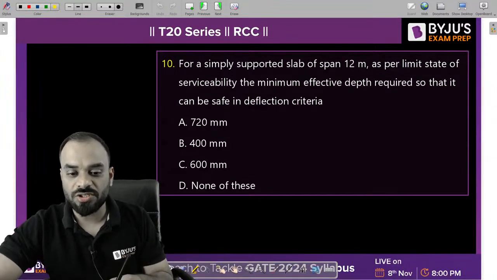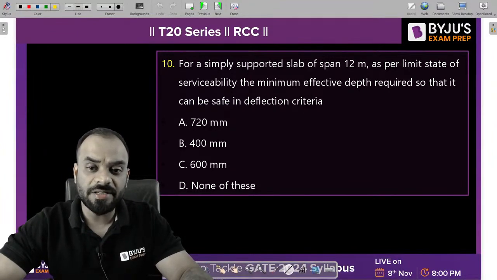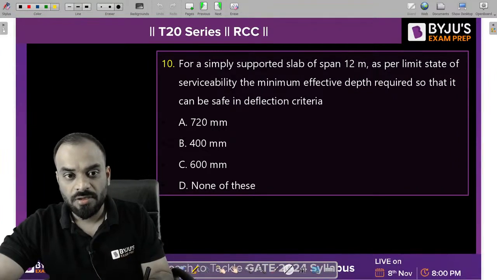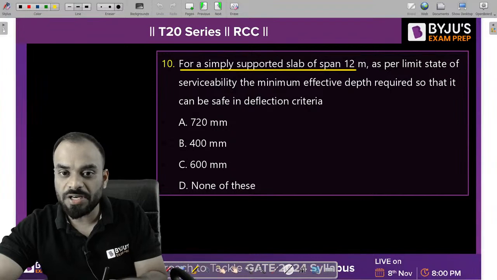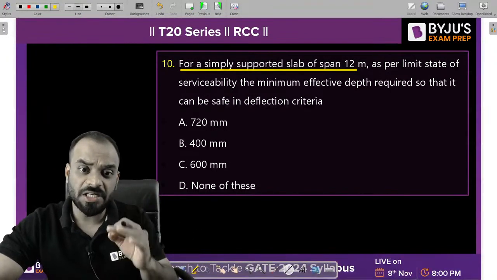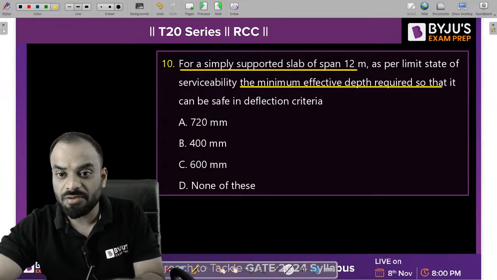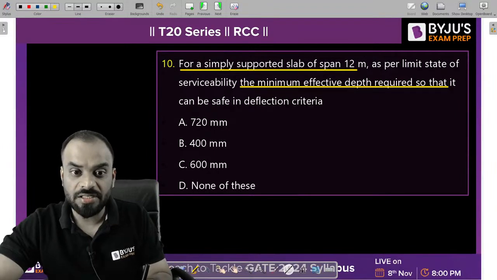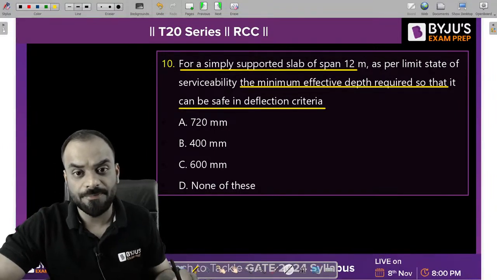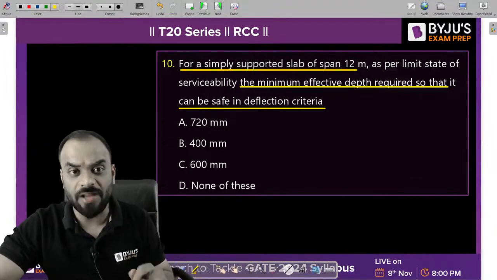Now let's move to the next question, guys, which is related to the deflection criteria as per your limit state of serviceability. Now what is given in the problem? A simply supported slab whose span is equal to 12 meter. And as per limit state of serviceability, we need to calculate the minimum effective depth which is required so that it can be safe in the deflection criteria, right? You need to calculate the value of small d so that it will be safe in the deflection condition.